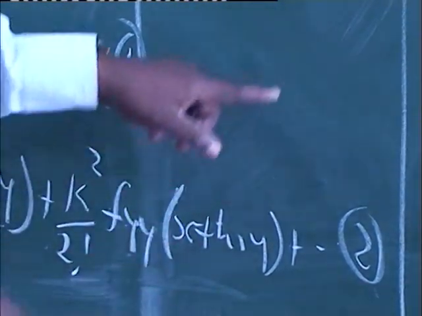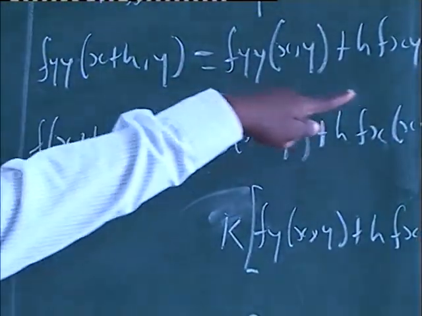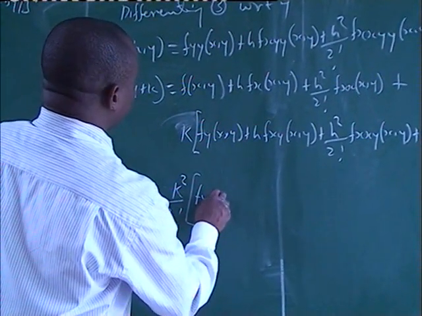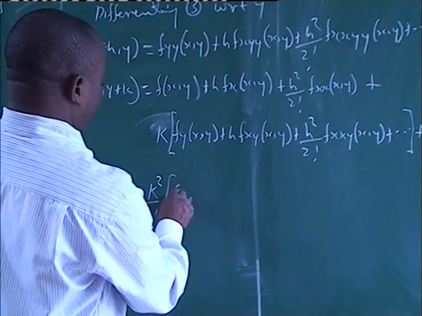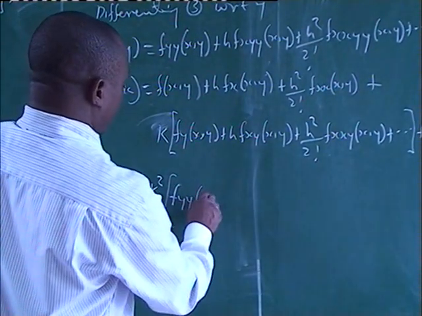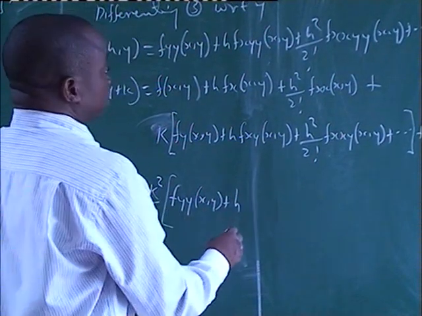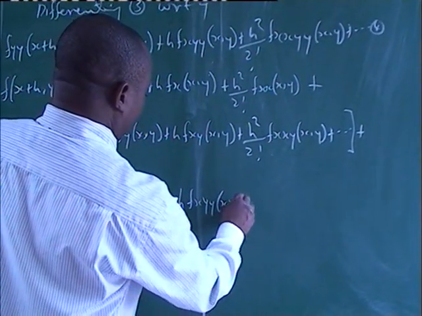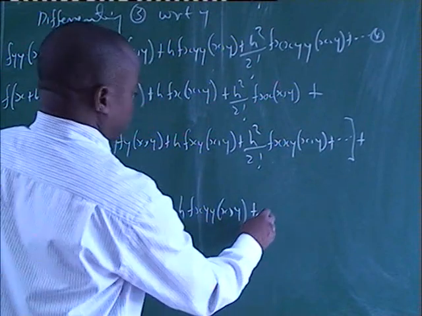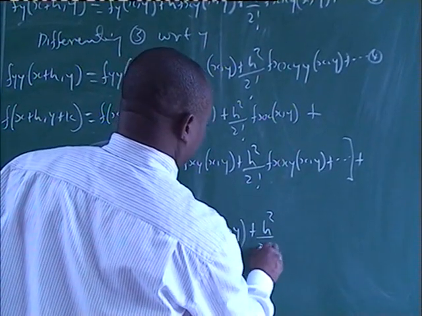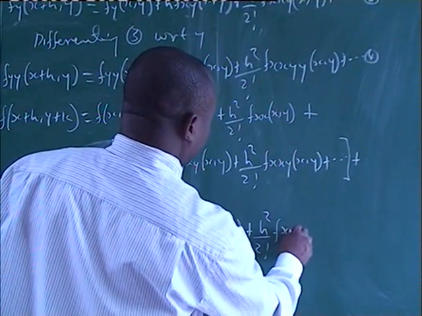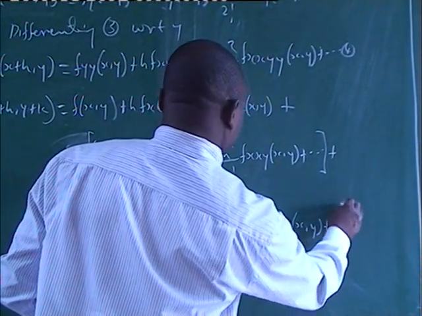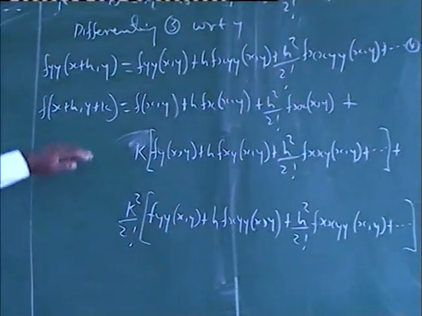Now this function is this, so we put that: the second derivative of f with respect to y at x plus h, y, then xy, plus h squared over 2 factorial, then f xyx of xy.